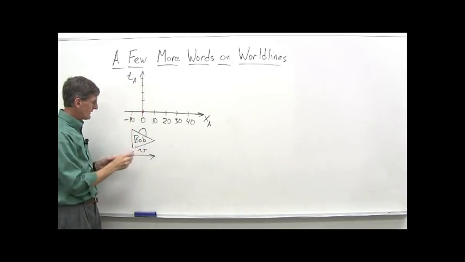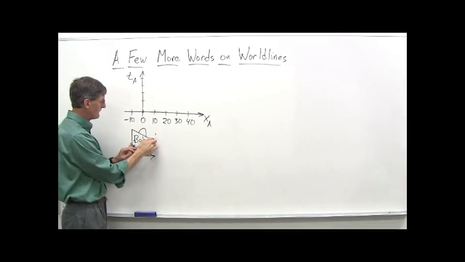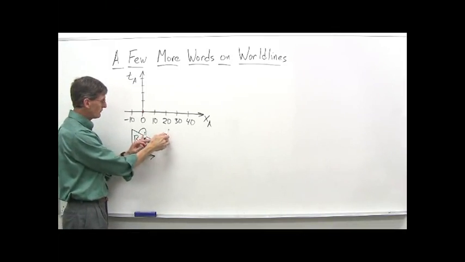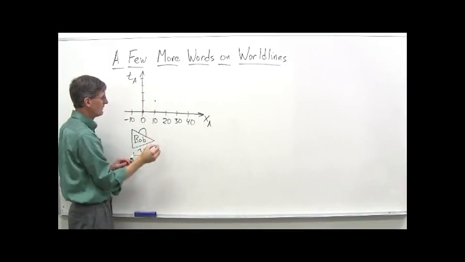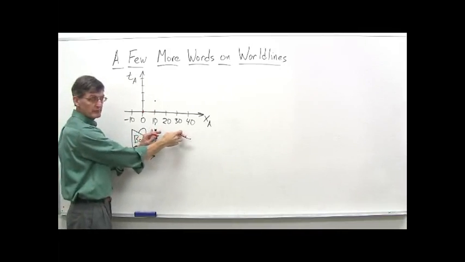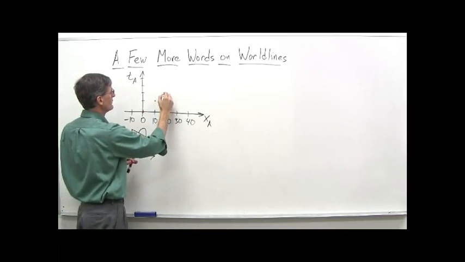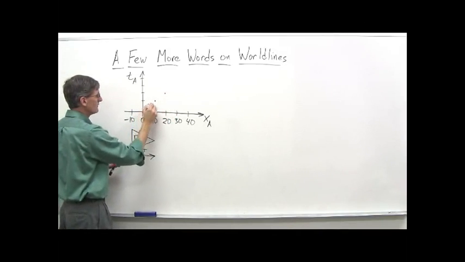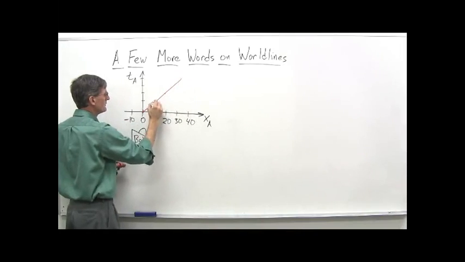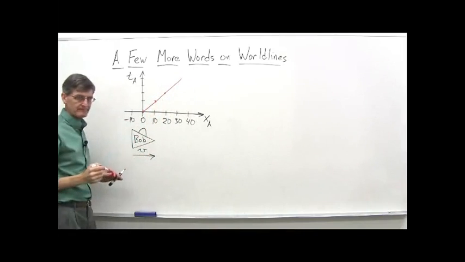At the next time, we'll imagine that the ship has moved over 10, so now he's at position 10, and he'd be right there. And then he moves again, he'd be at position 20, and so on and so forth. So he would look something like that. And so the world line of Bob in the cockpit would look like that.